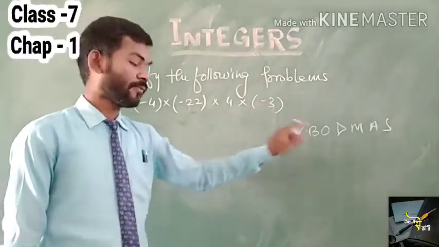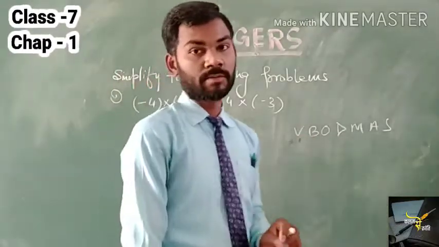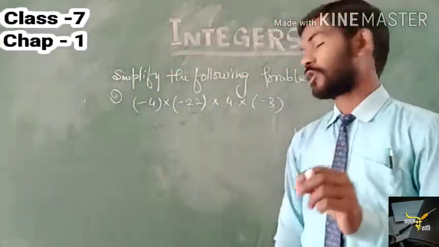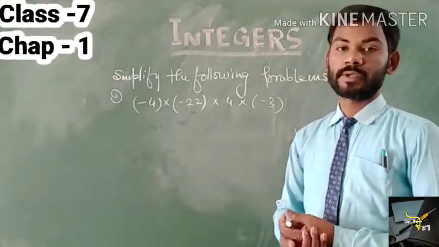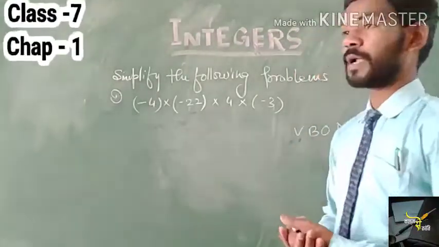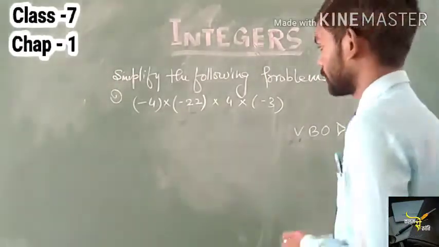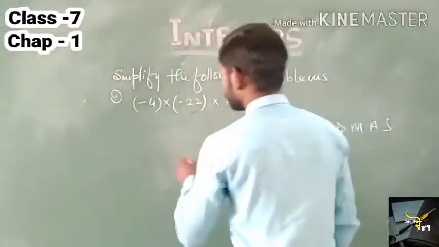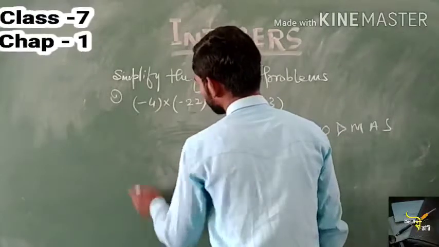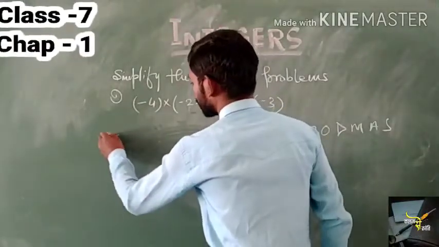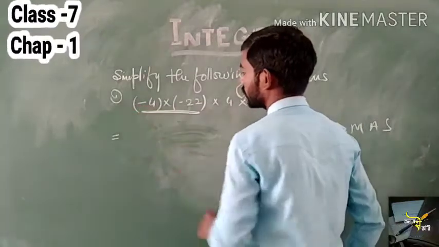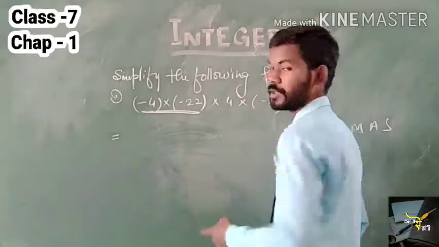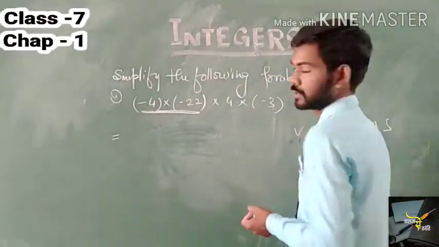So first of all we shall solve the terms which have brackets, and we remove the brackets in the first step. In the first two terms, both terms have the sign minus.